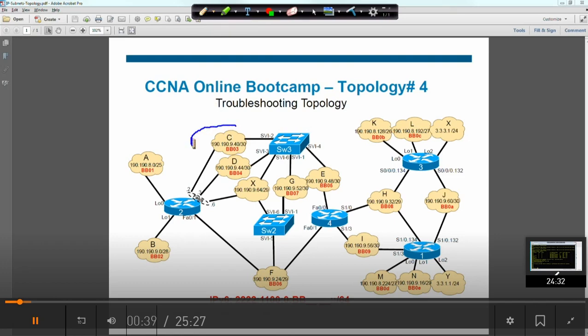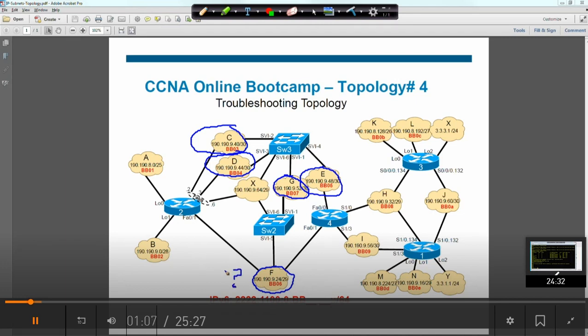So C, that's a broadcast network. D, we haven't configured X yet, so I'm not worried about that. G, E, those are all broadcast networks. Now F, that's kind of interesting. PPP over Ethernet. Do you think that's considered as a broadcast network or what? Well, it's PPP.